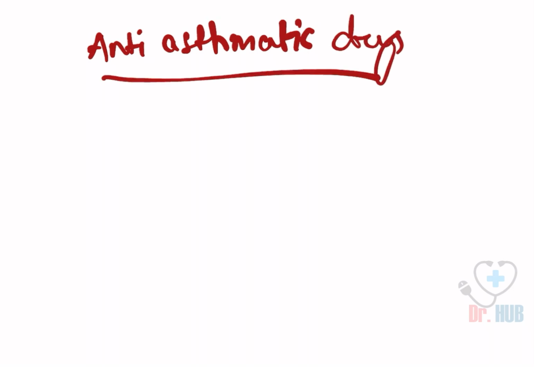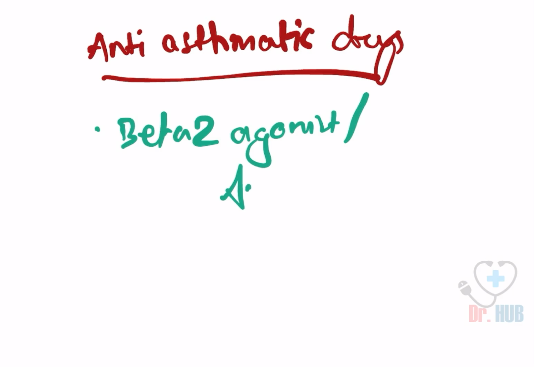We're looking at the anti-asthmatic drugs. So under the anti-asthmatic drugs, there is a class of beta 2 agonist as well as the anticholinergics.